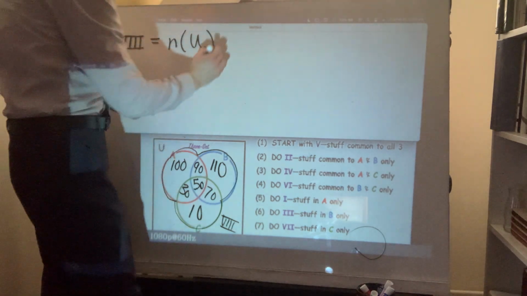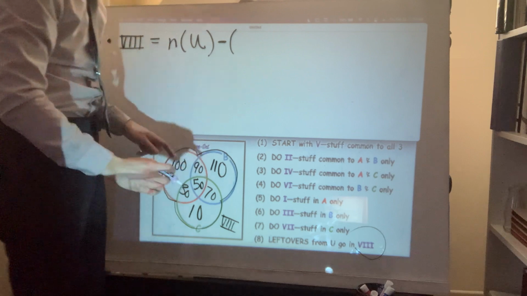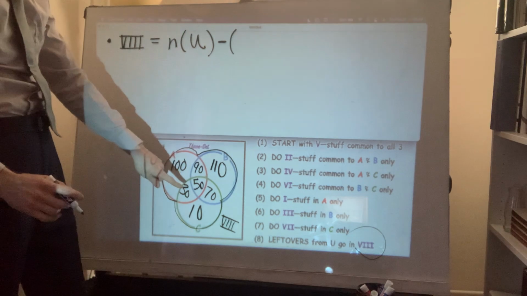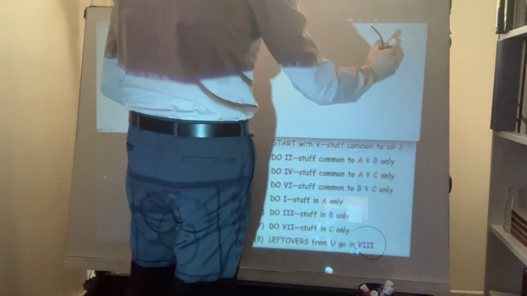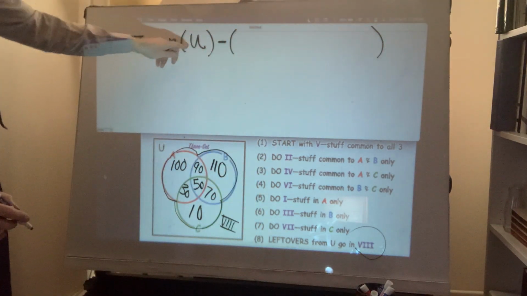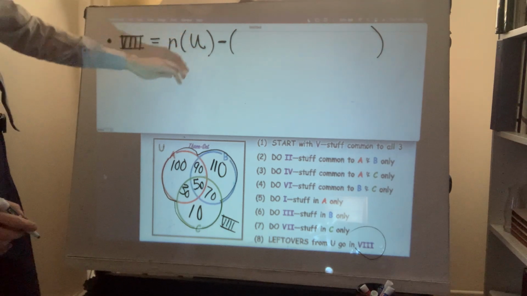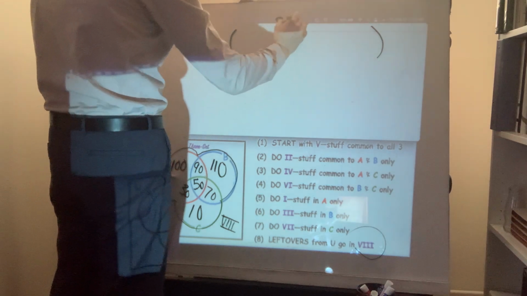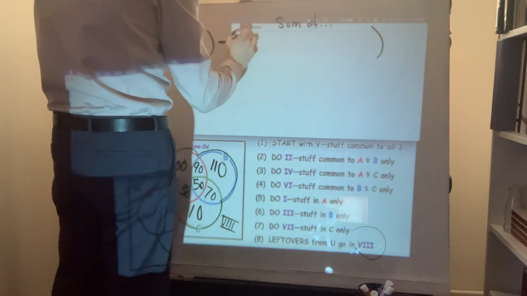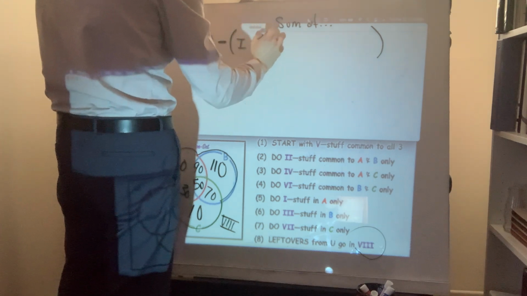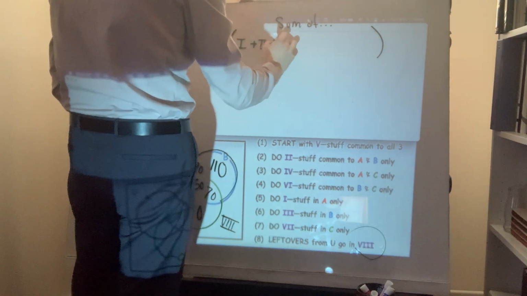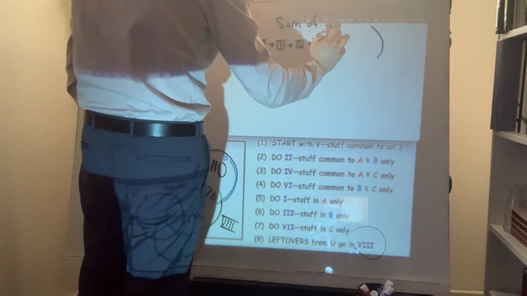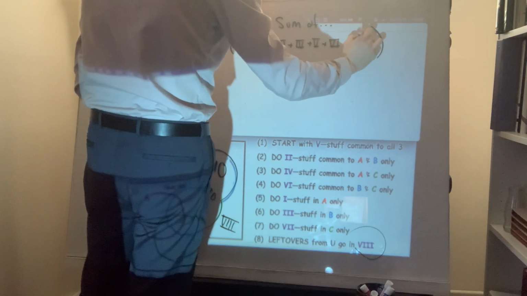So rather than do it piecemeal, subtracting from whatever number that is, this number, that number, one at a time, we will encapsulate them. So the cardinal number of the universal set, everything that we have to work with, minus the sum of region 1, region 2, 3, 4, 5, 6, and 7, right?